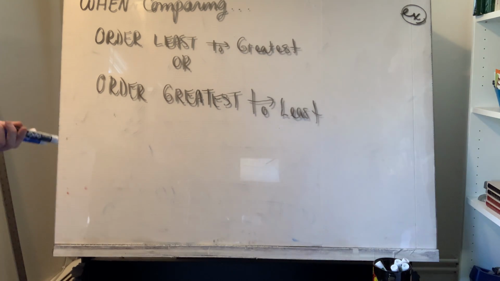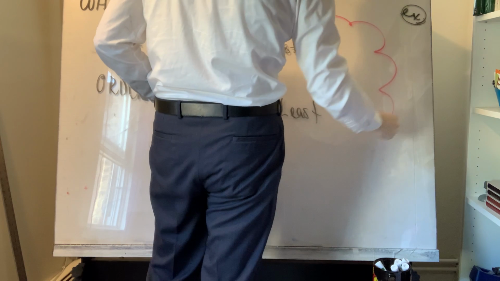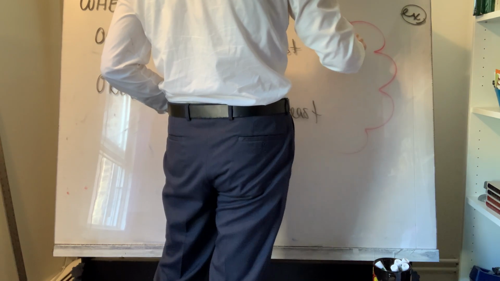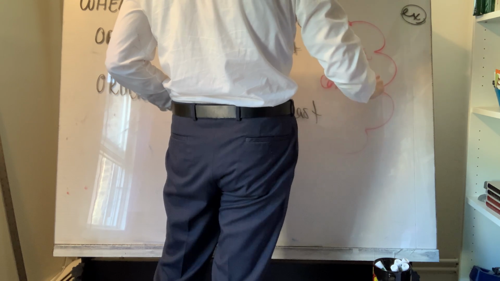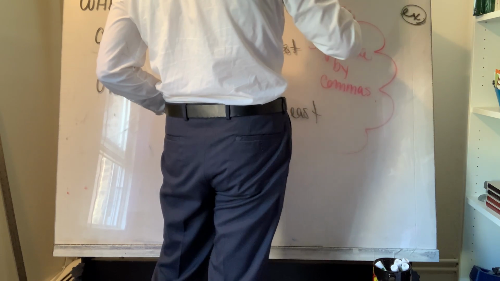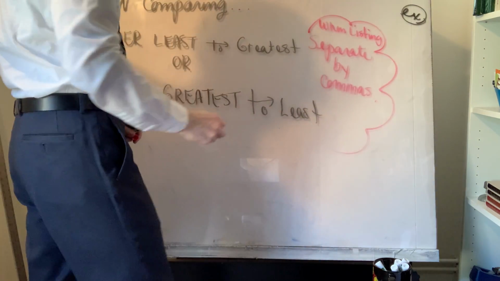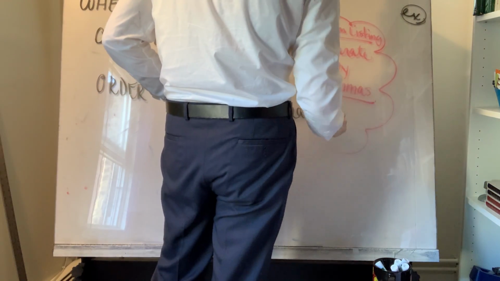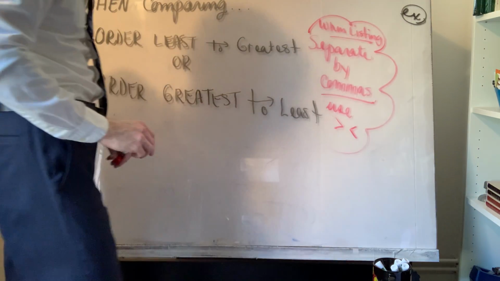Usually what is sufficient is you separate things by commas when you're comparing, when you're listing, right? But you can also use the less than and greater than symbol. Right?